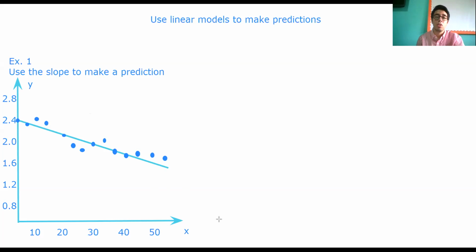So she wants to use this information to predict what's going to happen in the year 2026. So it's about using the information of the past to guess what is going to happen many years in the future, okay?